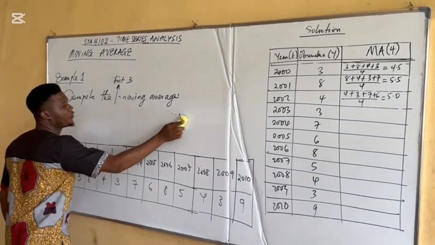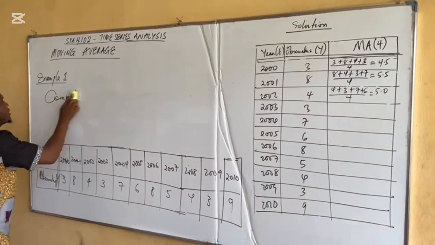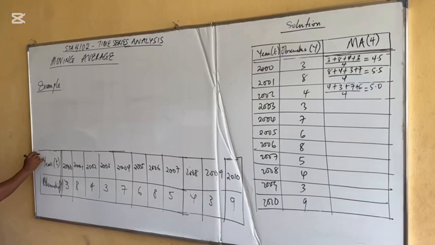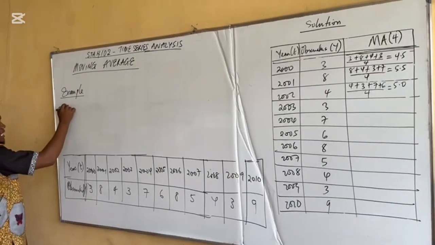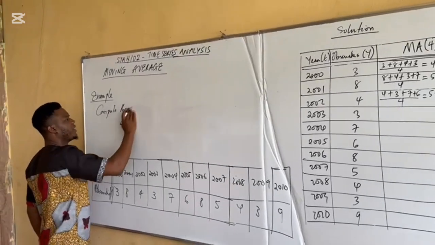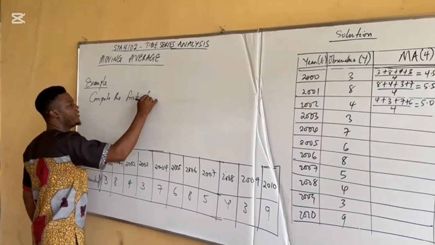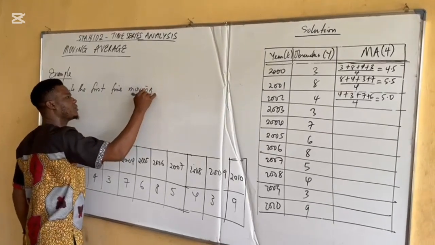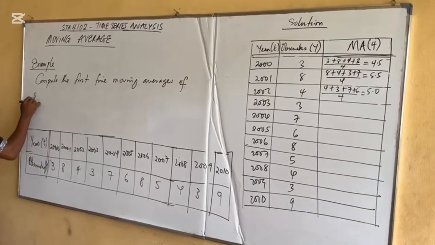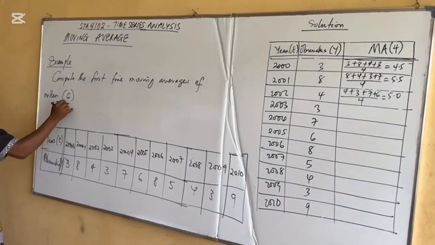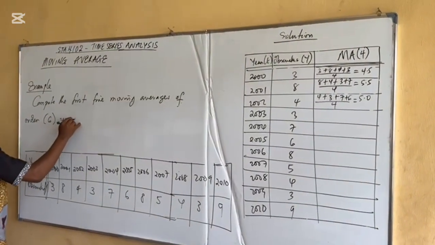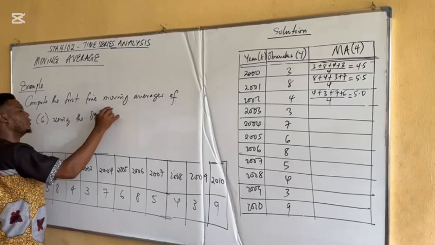Now, for the same data, I want to alter this question and call it example 2. For the same data, compute the first 5 moving averages of order 6 using the data below.